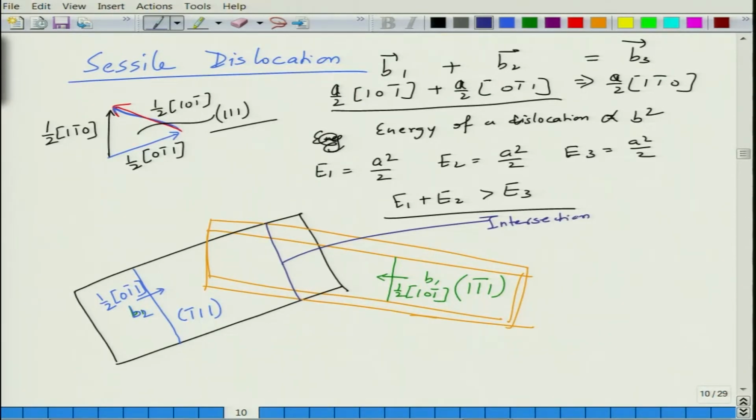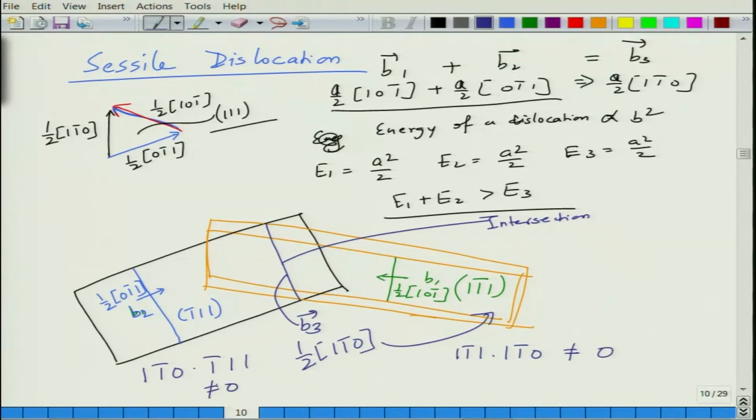At the intersection they move and they create this B3 which is half 1 bar 1 0, and this half 1 bar 1 0 does not lie in this plane, because 1 bar 1 1 dot 1 bar 1 0 is not equal to 0. Similarly, 1 bar 1 0 dot bar 1 1 1 is not equal to 0.